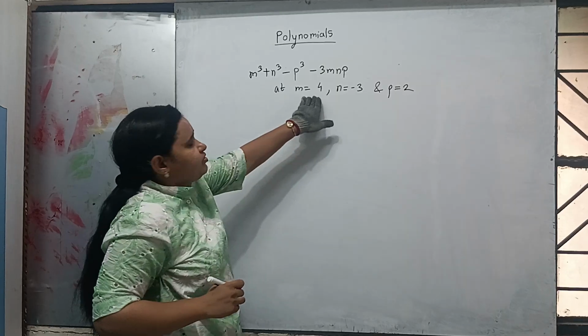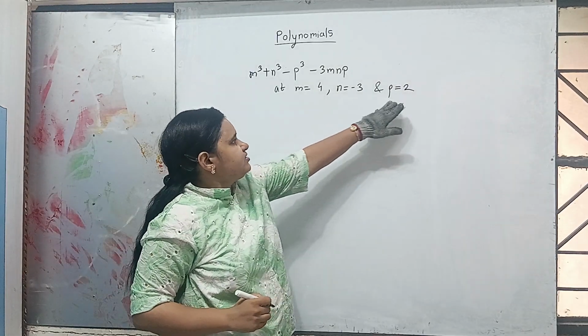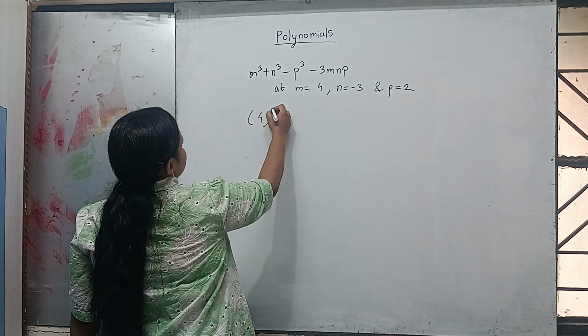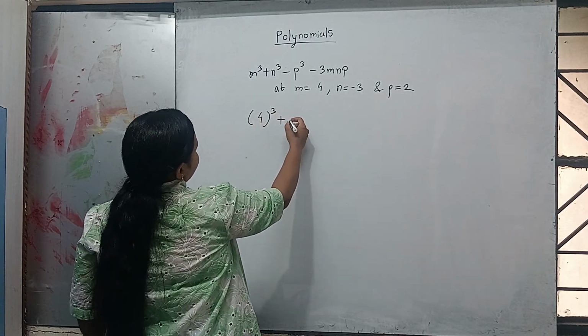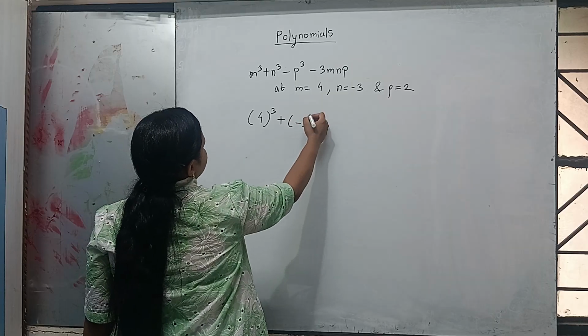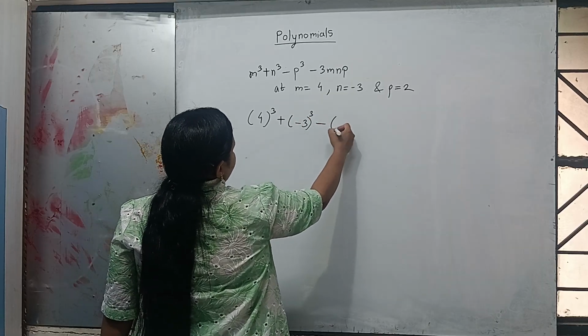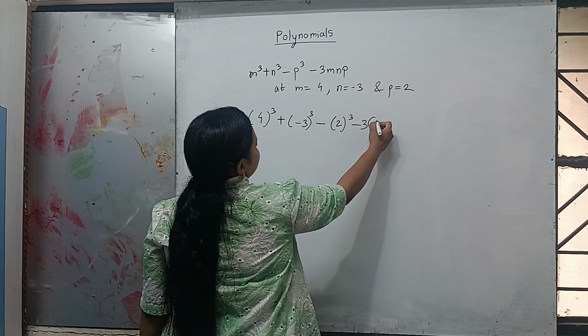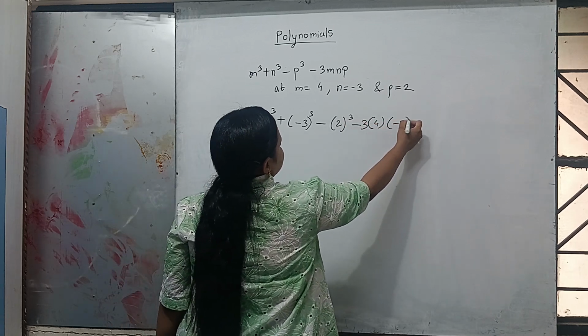We have to put m equals to 4 and n equals to minus 3, p equals to 2. So what will we get? 4 cube plus minus 3 cube minus 2 cube minus 3mnp.